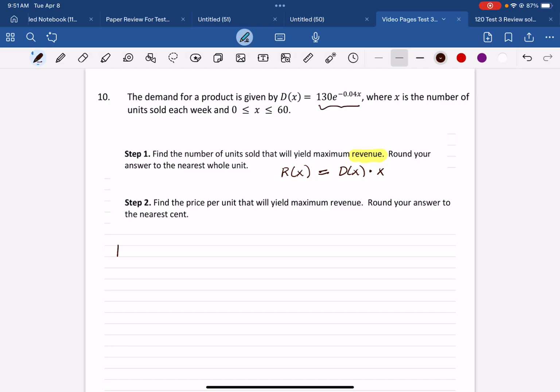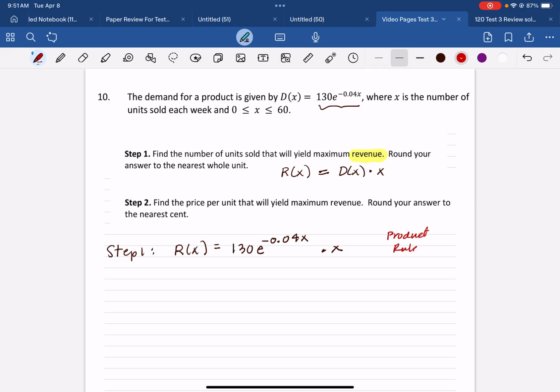So my revenue, this is step 1, my revenue of x is d of x times x, or x times d of x, it doesn't matter: 130 e to the negative 0.04x times x, and this makes it a product rule.